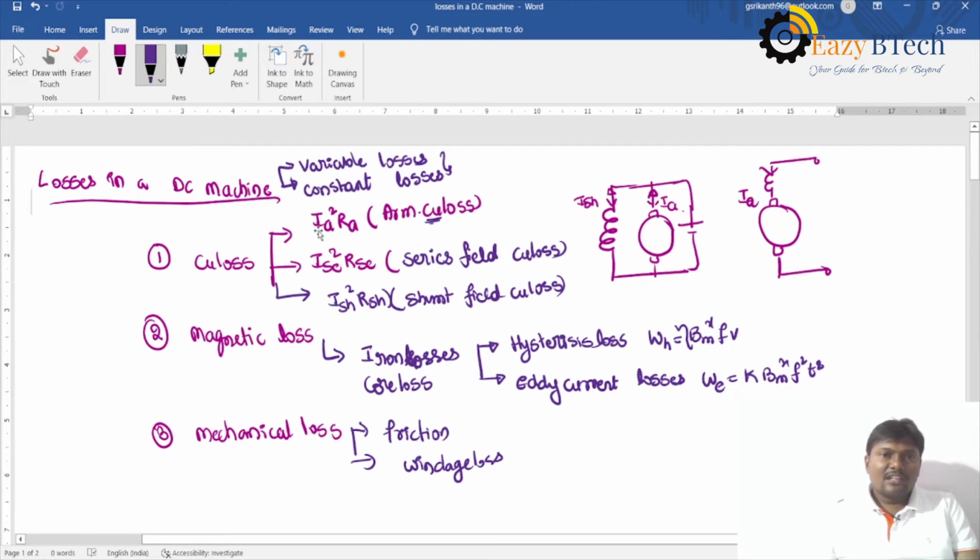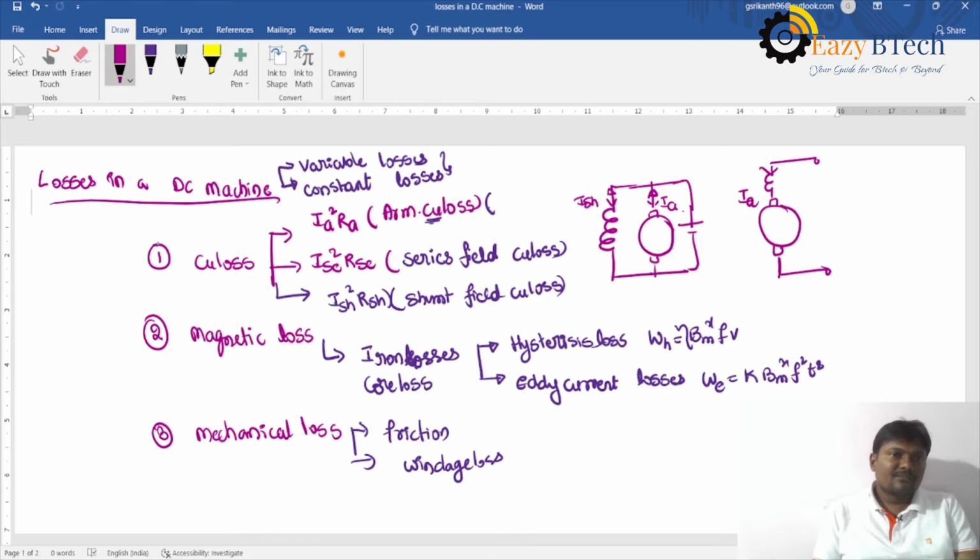As load is variable, Ia is also variable. So we can treat this as a variable loss. If I am going for the DC series motor or generator, this is the series field copper loss. Ia is variable. Ia is equal to IL is equal to ISC for a DC series motor or generator. So this is also called a variable loss.